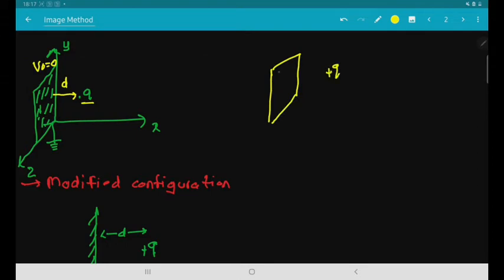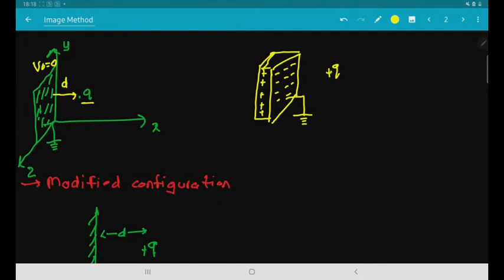This positive charge is going to induce negative charges on this surface, and on the other side of this sheet, positive charges will be induced. When it is grounded, the positive charges will go to the ground, and the potential here will remain zero.